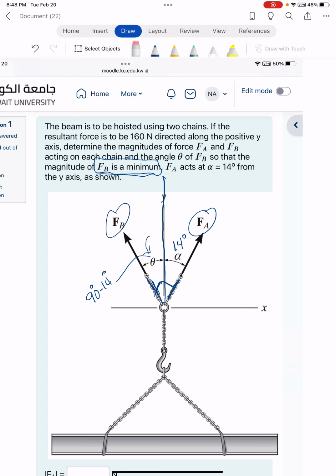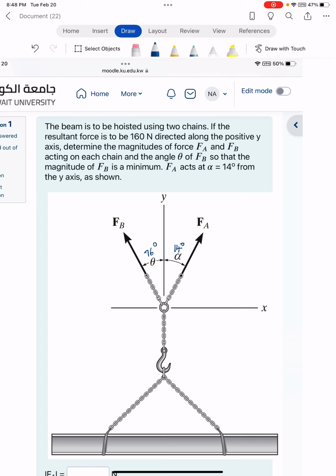So let's clean up. Okay, so this is 14 degrees. I did not clean this. And this has to be 90 minus 14. So it has to be 90 degrees. 90 minus 14, and that is, here this is 76 degrees.